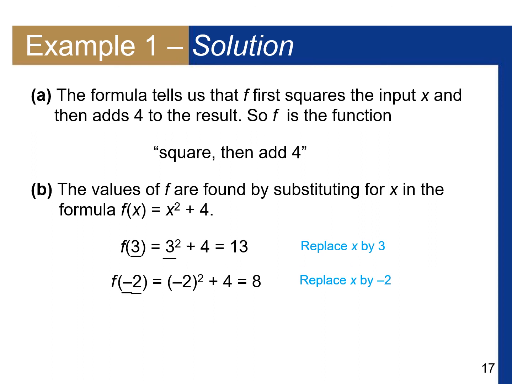F of negative 2, I'm going to put negative 2 in for x. So I get negative 2 quantity squared, that's positive 4, plus 4 is 8. And here I have f of square root of 5. So I'm going to square that, plus 4 equals 9.